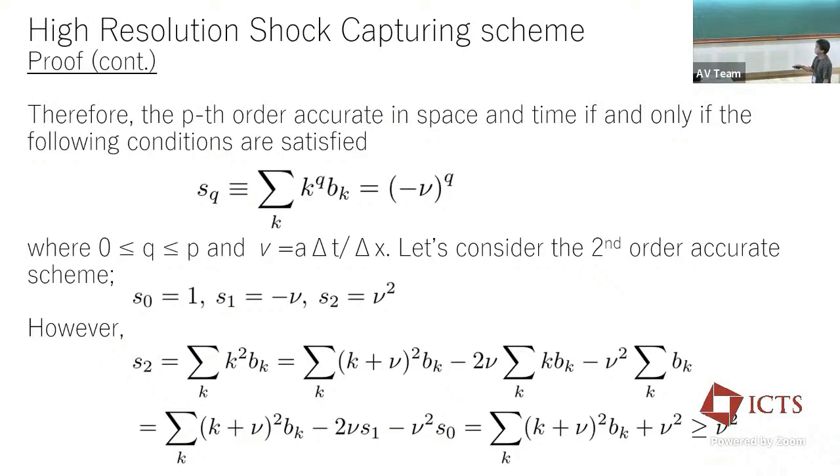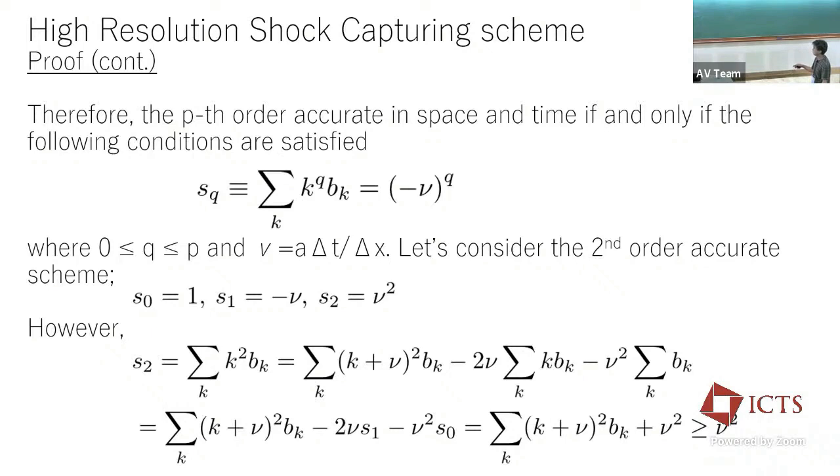On the other hand, S2 is given by the sum of k squared b_k. You can easily rewrite this equation like this. This is a super simple one, but it gives that this term is S1 and this term is S0, right? Because we know the values of S1 and S2, this gives this equation.